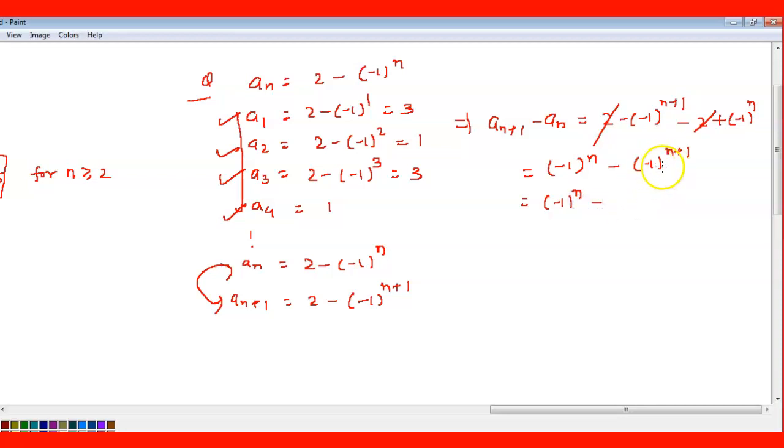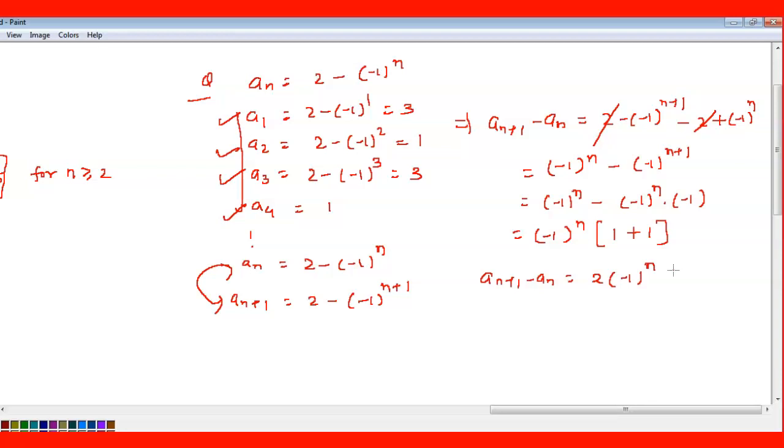Minus 1 to the power of n plus 1 you can write as minus 1 to the power n into minus 1. I am taking minus 1 to the power of n common here. So what will you get? 1 minus 1 becomes plus 1, right? So an plus 1 minus an is equal to 2 into minus 1 to the power of n. Getting here?